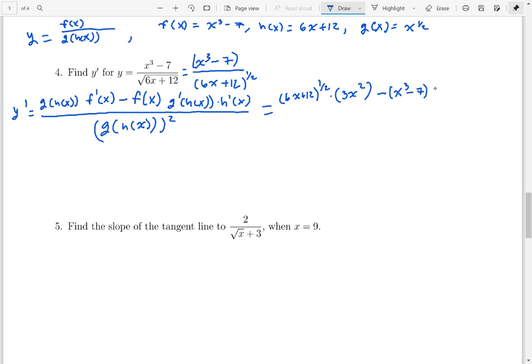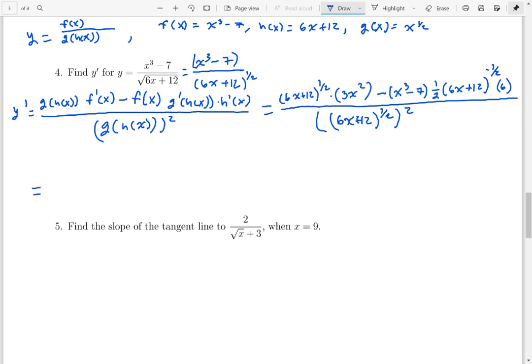Well, g prime is 1/2 times 6x plus 12 raised to the negative 1/2 power, all times the derivative of h of x. Well, h of x is 6x plus 12, the derivative of 6x is 6, the derivative of 12 is 0, and so that part's done. And that's all divided by 6x plus 12 raised to the 1/2 power, all squared.